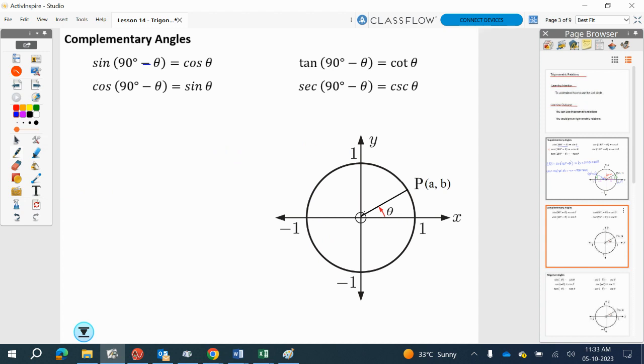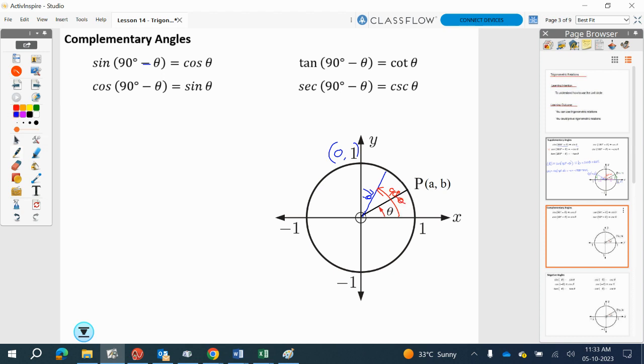So what coordinates is 90 degrees going to have the terminal side end at? 0, 1. So here at 0, 1 is where 90 degrees is. So we go up in this direction, and then we rotate back theta. So we're going to get minus theta here. So the angle 90 minus theta is this one.